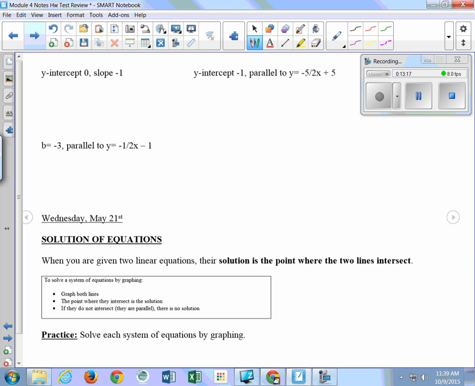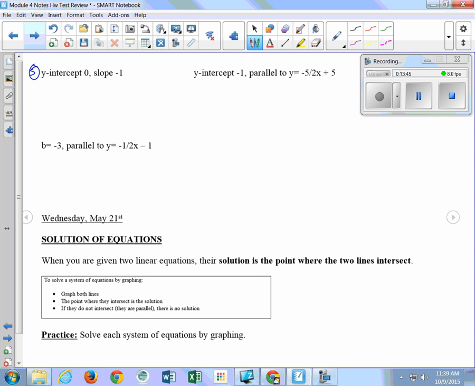This would be number 5. Y-intercept is 0. And slope is -1.